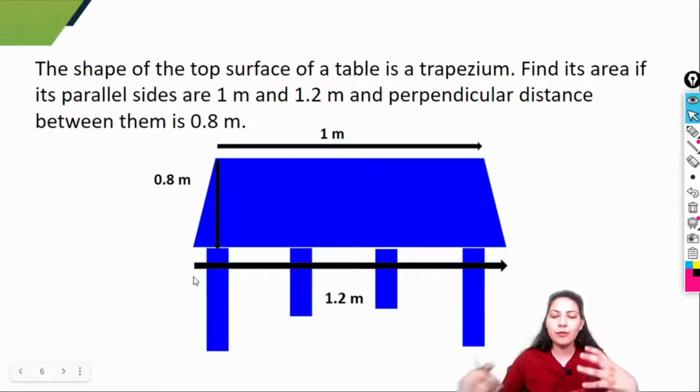So if we were asked to calculate the whole area of the table, then definitely we will calculate 4 multiplied into the length and breadth of these rectangles and the area of trapezium. So we would add these 4 sides and this top floor. But since we were asked only of the top surface, we directly calculated by the formula of trapezium.